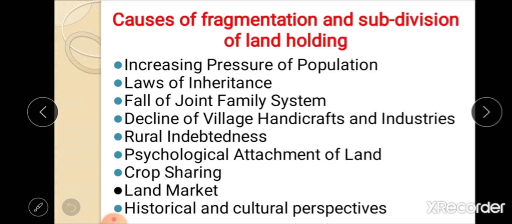Next is the decline of village handicrafts and industries. Then rural indebtedness, psychological attachment to land, crop sharing, land market and historical cultural perspectives. These are the different factors or causes of fragmentation and subdivision of land holding. We see these factors one by one.